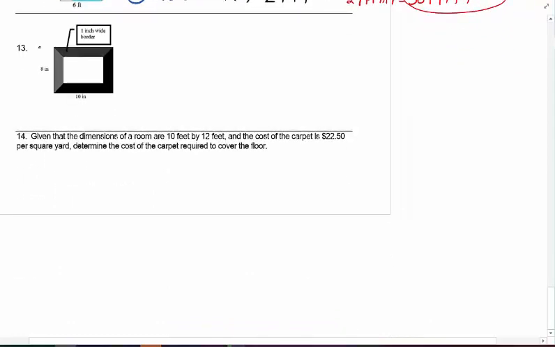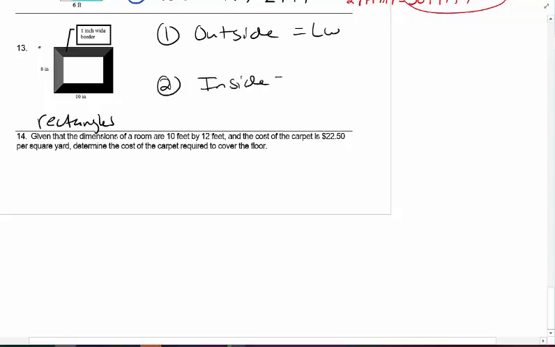Number 13, we are dealing with two rectangles. So we have the outside one, which is again length times width, and we have the inside one, which is still length times width. So we're going to look at this picture and make sure we're clear on what we have.